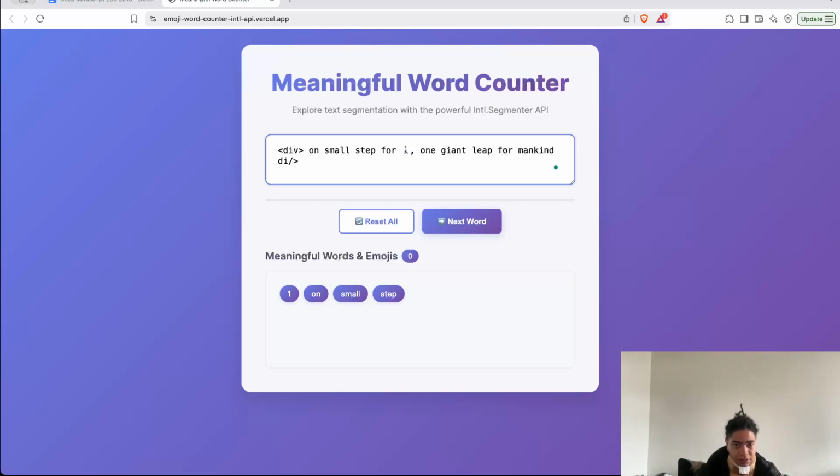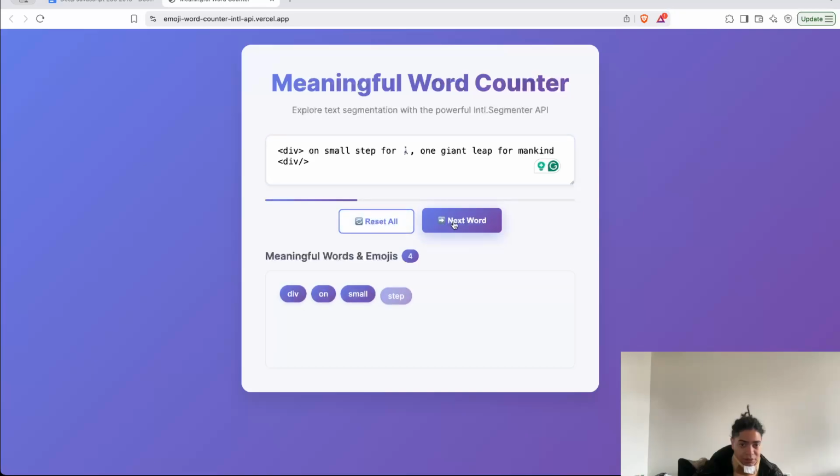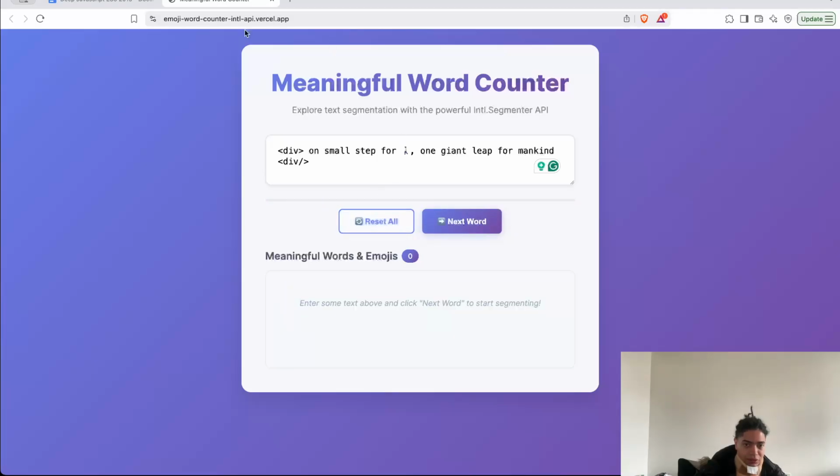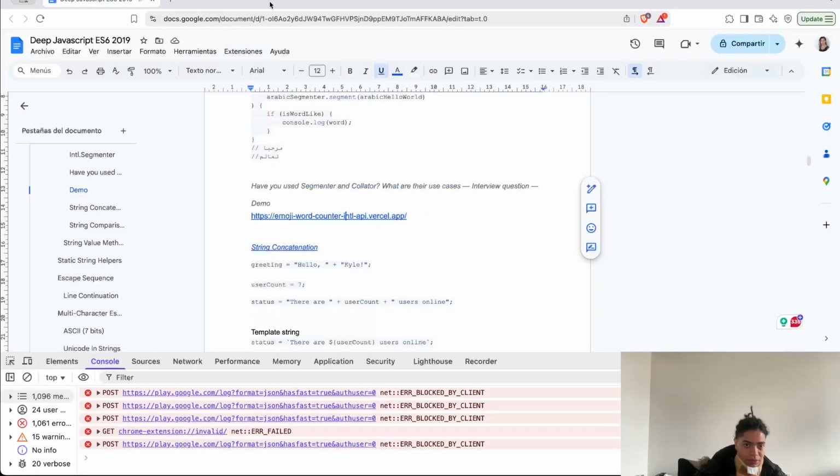You say, hey, I got a div, but I want to get all of this, so you include the div, and then you can identify that this particular content is enclosed in a div, and so on and so forth. So this segmenter is great for static analysis, scraping, stuff like that.